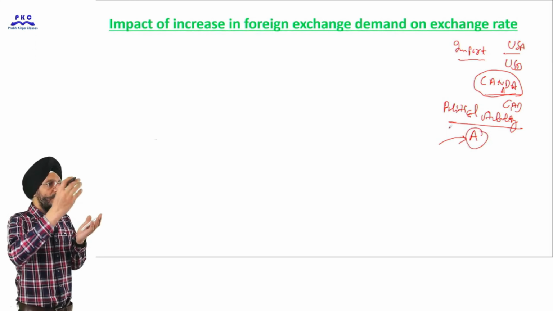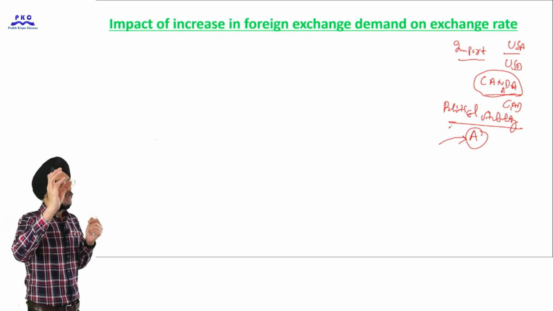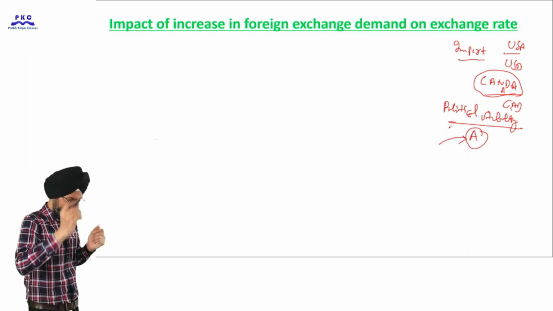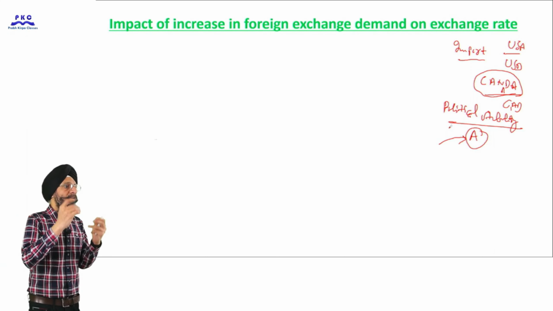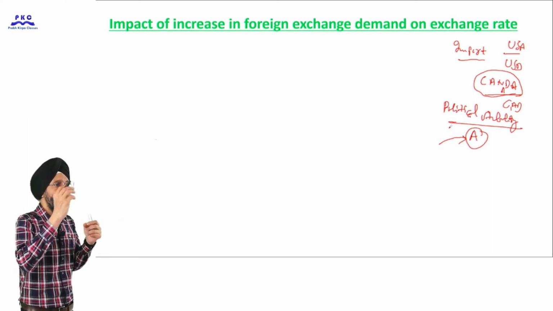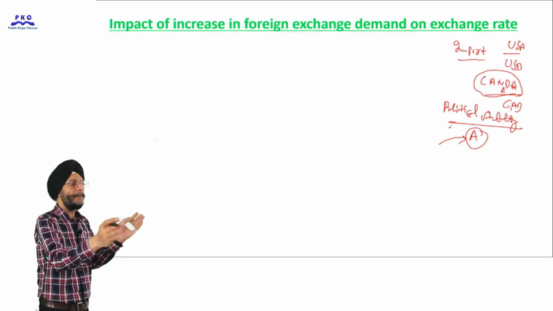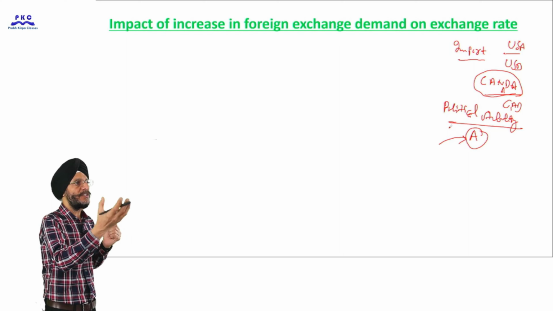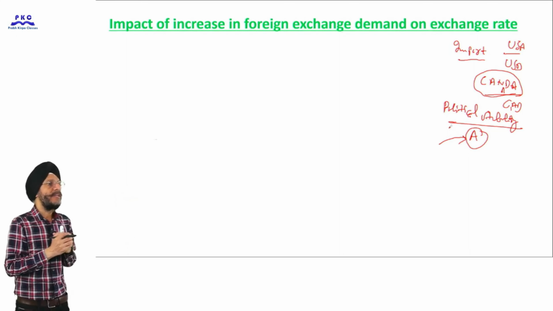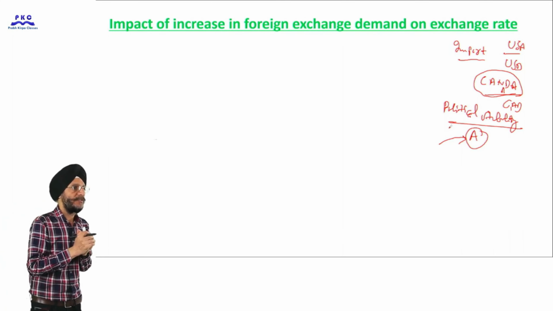So the demand for the currency of the country where there is political stability will rise. It may also be possible that the interest rates in a particular country are good as compared to other countries. It may also be a reason for increase in demand of foreign exchange.